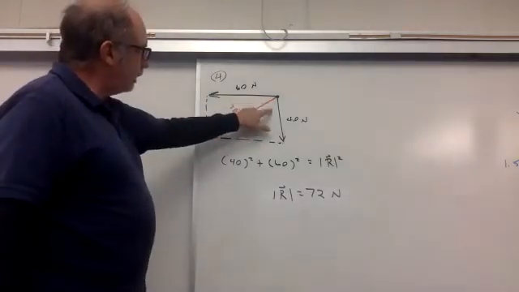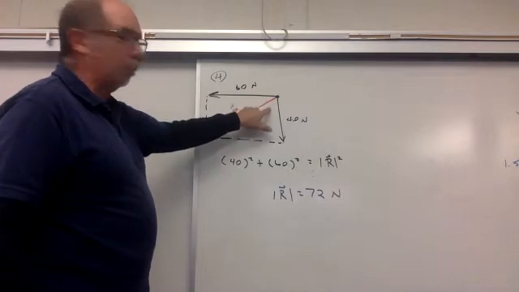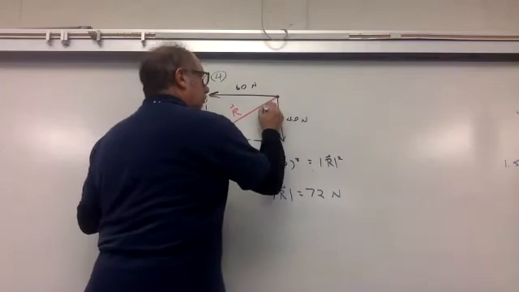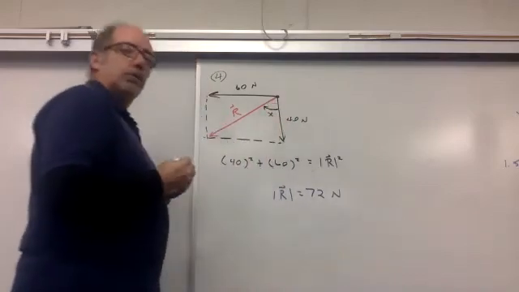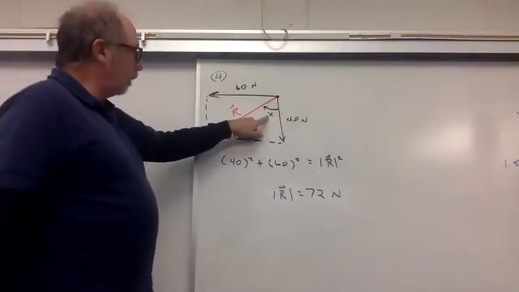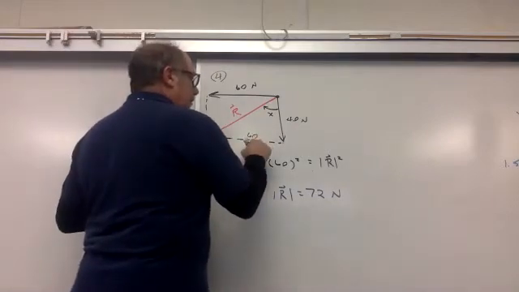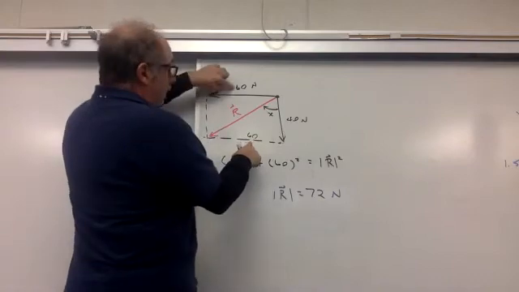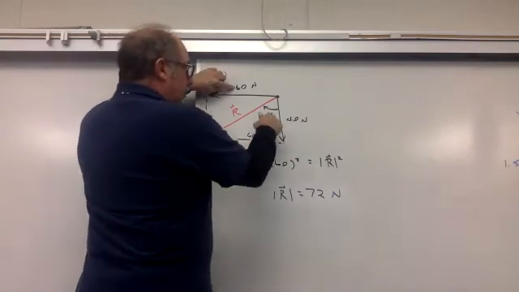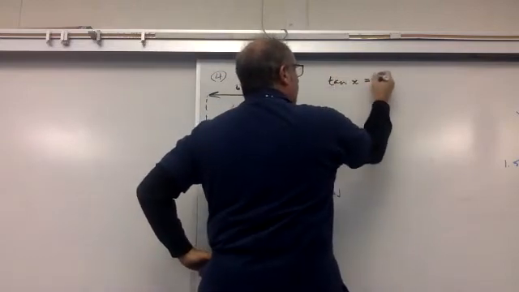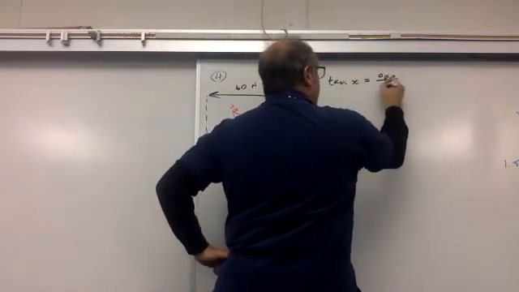Now we need an angle. It doesn't really matter which of these two angles you choose. I'll choose this one. You're going to use tangent, which is opposite over adjacent. This side is 60 because it's a rectangle. So the tangent of x equals opposite over adjacent.